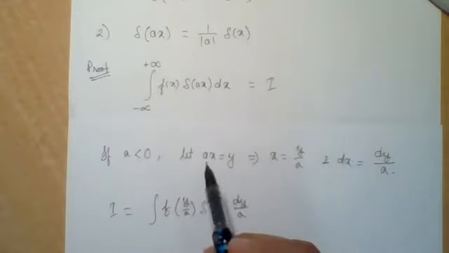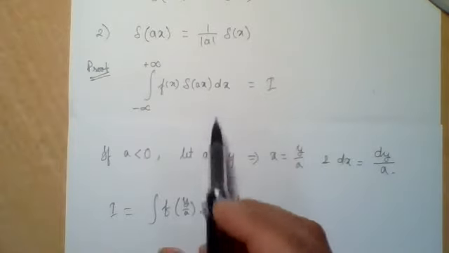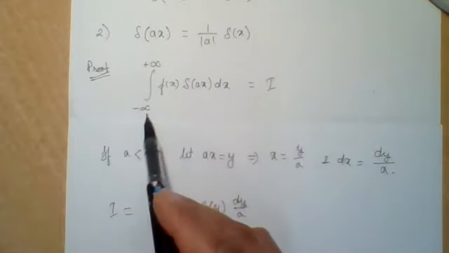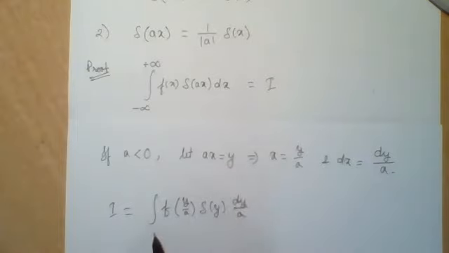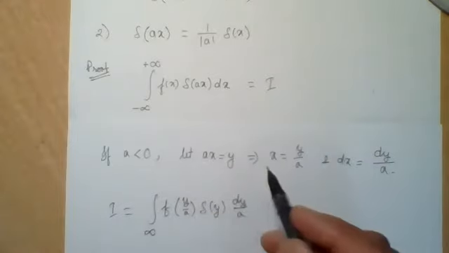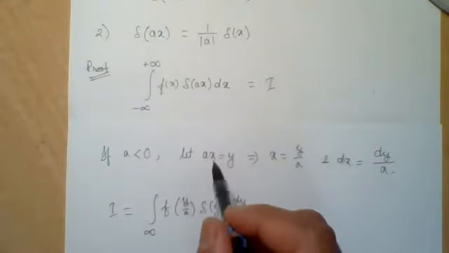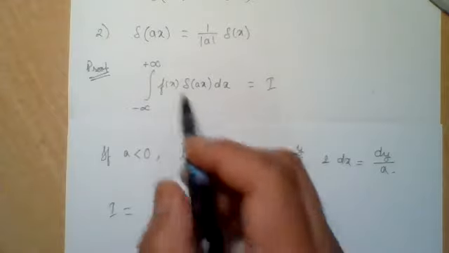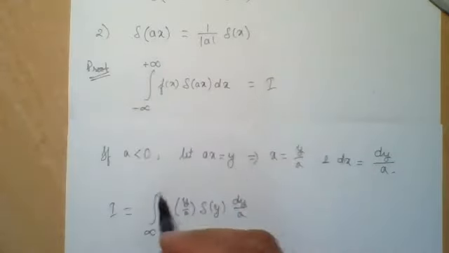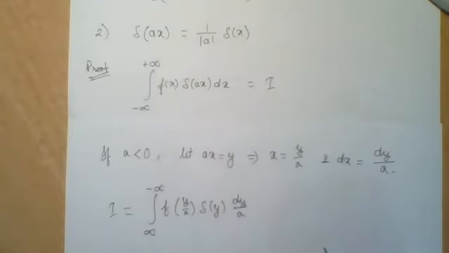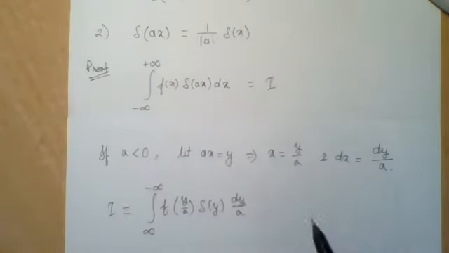Now here a is a negative number. So when x is minus infinity, y will be plus infinity since a is negative. And when x is plus infinity, y will be minus infinity since a is negative.